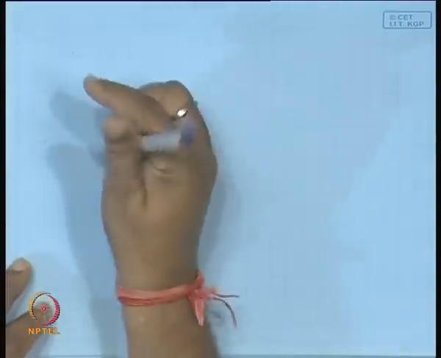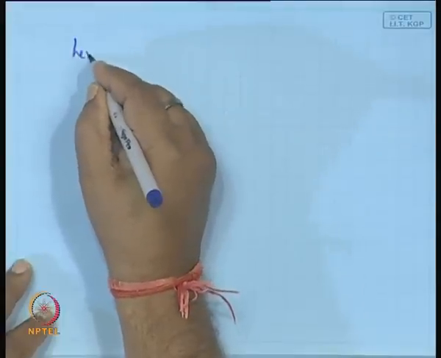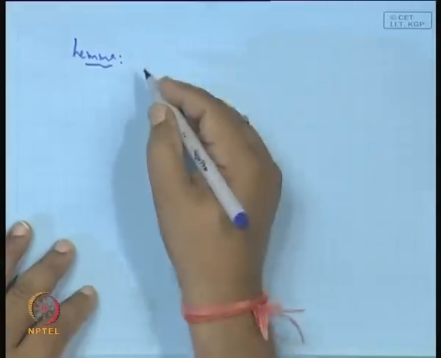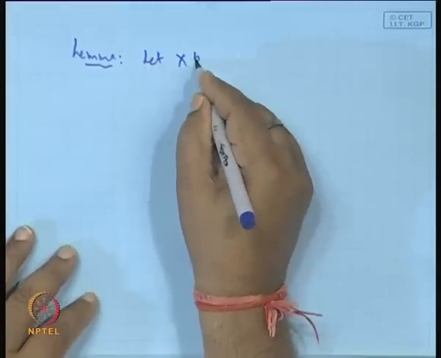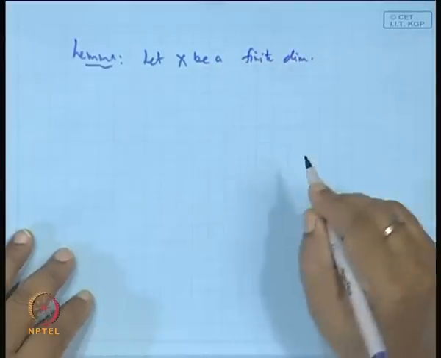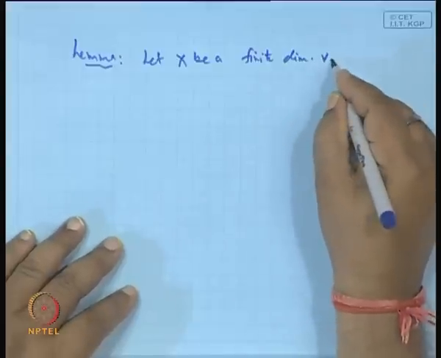Now, we have a very interesting result in the form of a lemma. What this says: let X be a finite dimensional vector space.